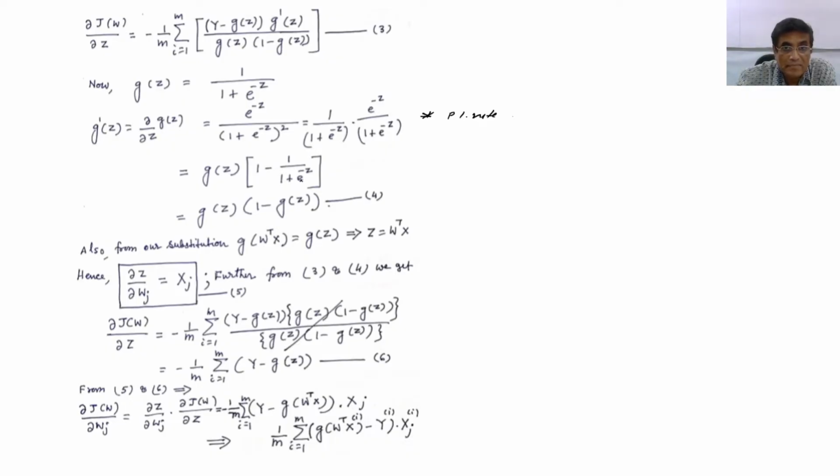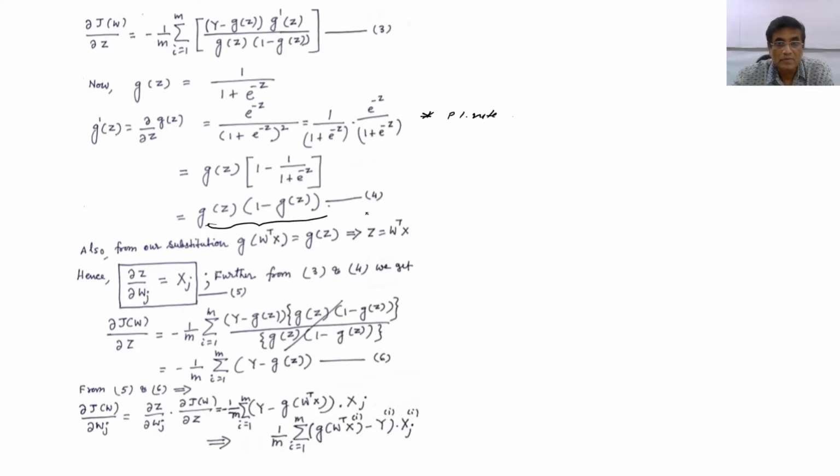And then again we are writing the other expression as 1 minus 1 divided by 1 plus e to the power minus z. You do this, you will get this. Just simple math. But why have we written it? Because now the derivative of the logistic function can be written in terms of the function itself: g(z) times 1 minus g(z). This is very, very important. We always use it.